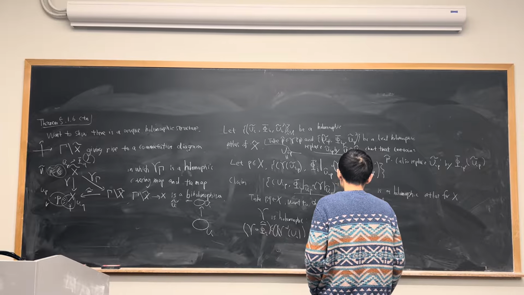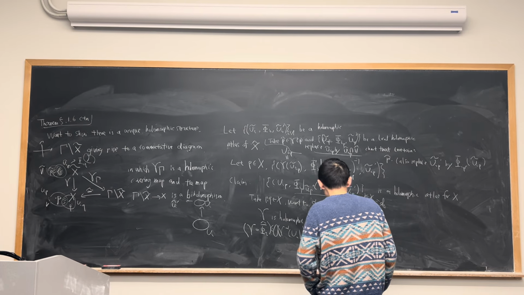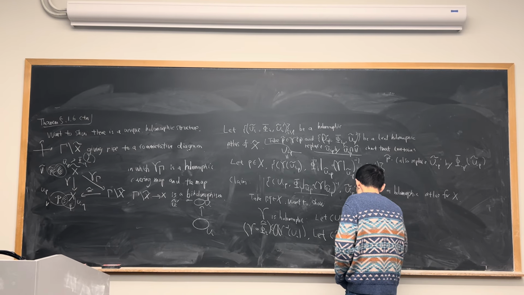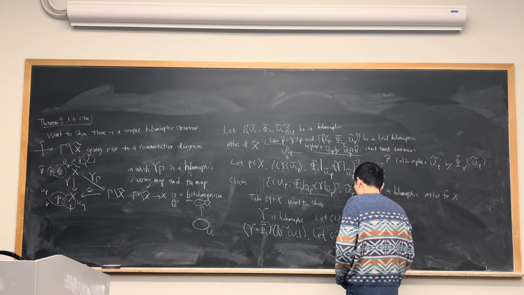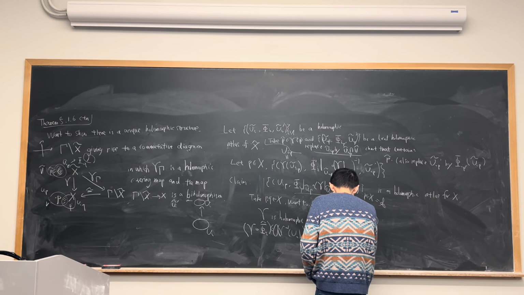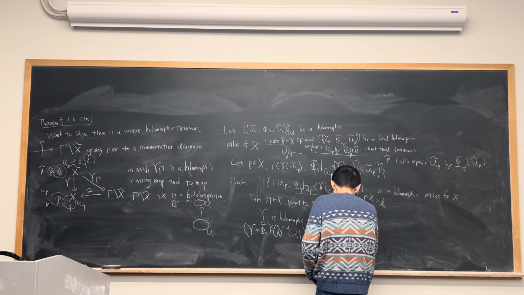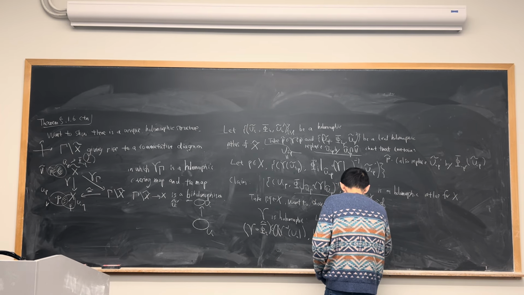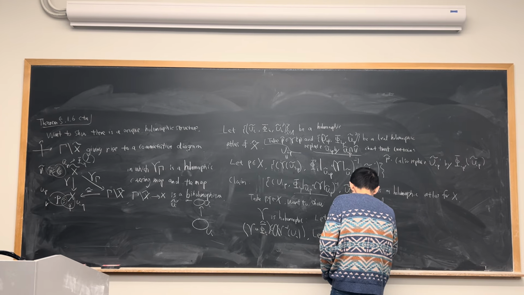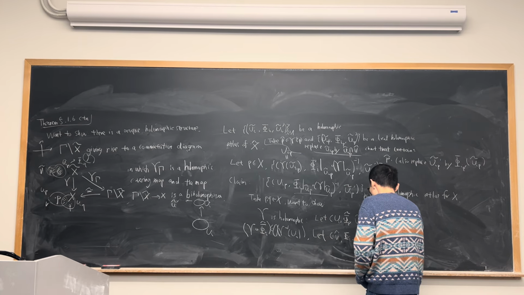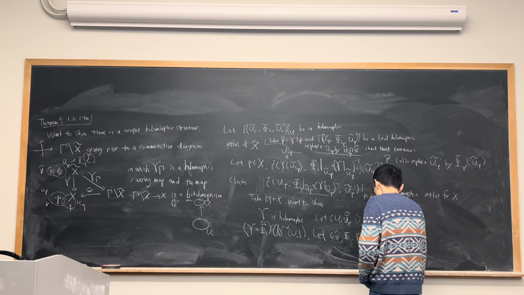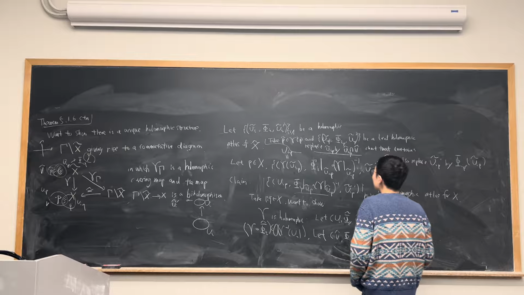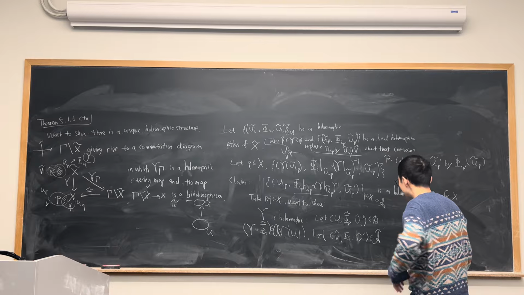I think I should use the letter tilde for the upstairs. Okay, but yeah, doesn't matter. Let's call this V here. Let me put I here. So let's call this A tilde for the holomorphic atlas of this X tilde.